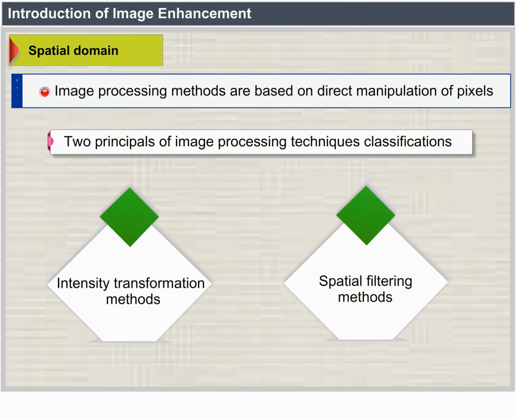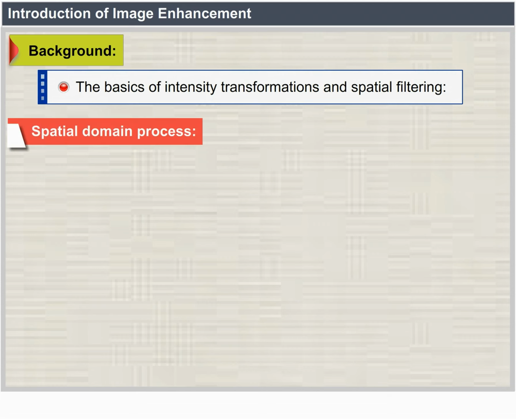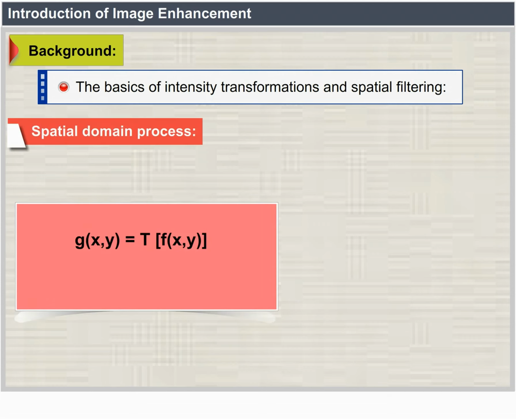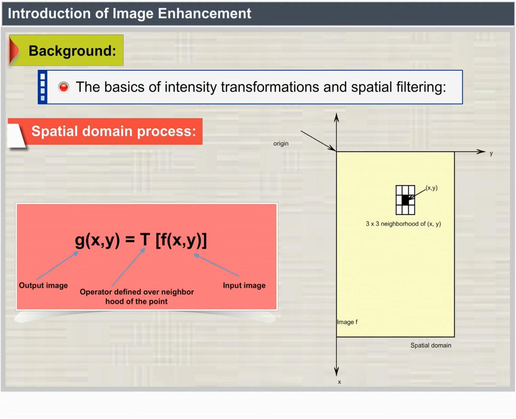Spatial filtering methods. Background: the basics of intensity transformations and spatial filtering. Spatial domain process: g(x,y) = T[f(x,y)], wherein g represents the output image, T represents the operator defined over a neighborhood of the point, and f(x,y) represents the input image.